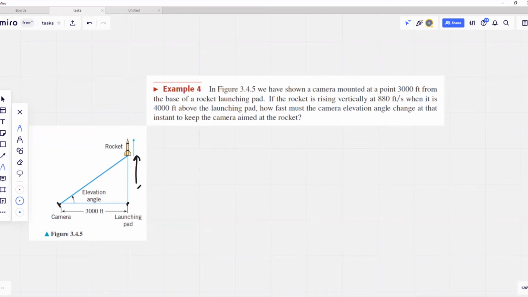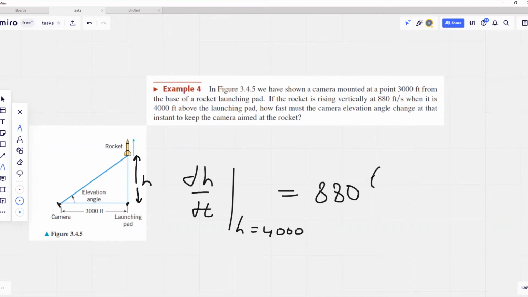Let's call the vertical distance from the launching pad to the rocket h. We know that the rocket is rising vertically at 880 feet per second, so dh over dt when h was equal to 4,000 feet is equal to 880 feet per second.